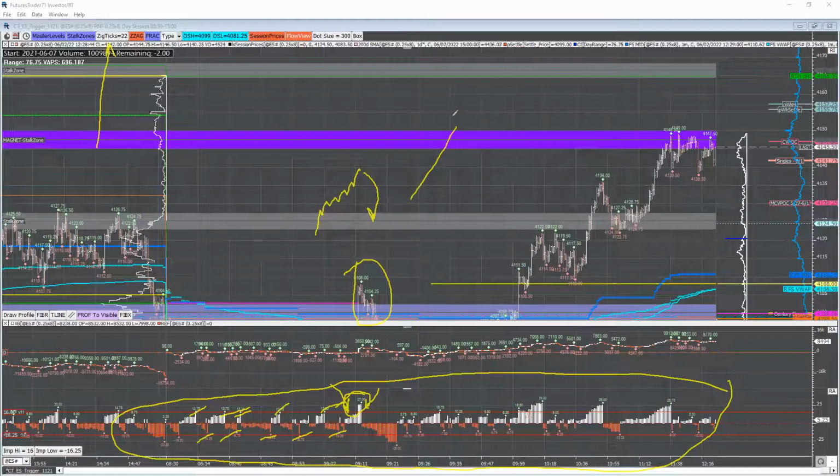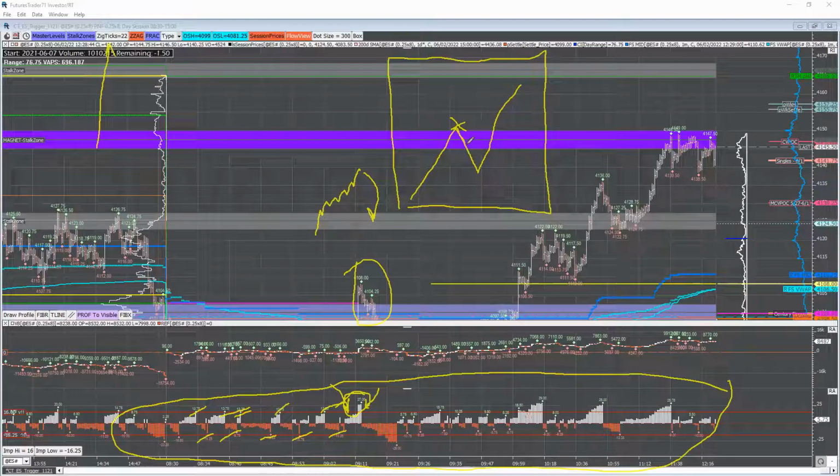So as long as from the peak to the pullback, if we have a 21 tick rotation and it continues, this is considered one rotation. If it pulls back 22 ticks and continues, then this becomes a new rotation.